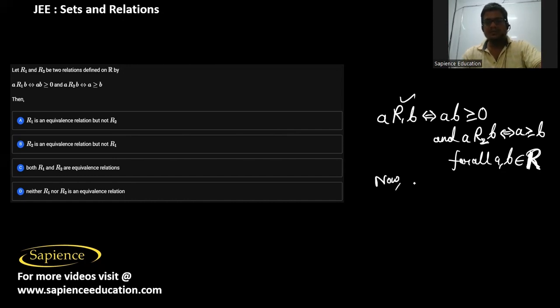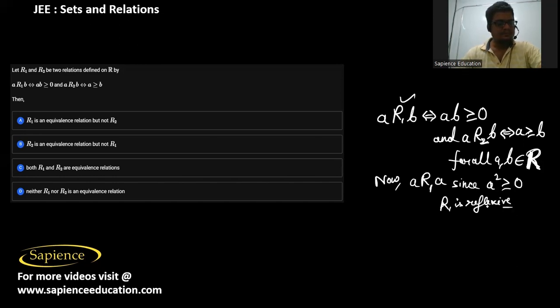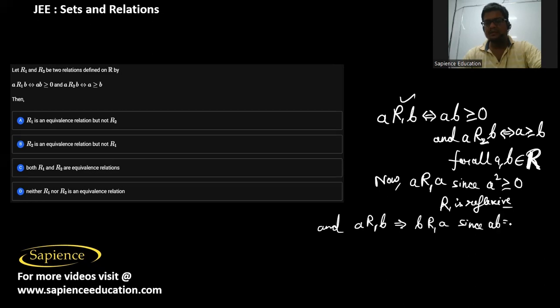So now A is related to A under the relation R1, since A square will always be greater than or equal to 0. So R1 is reflexive. And A is related to B under R1 also implies that B is related to A, since AB is equal to BA, the same thing, that will be greater than or equal to 0 only.